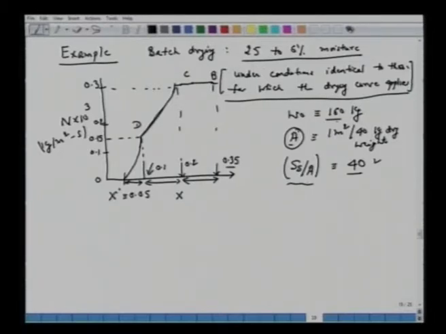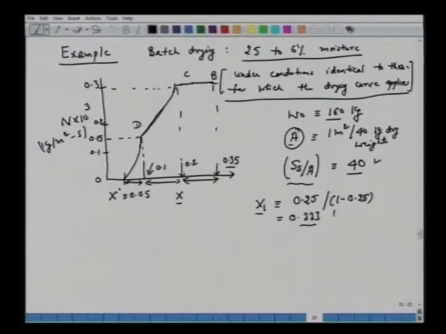Total weight is 160 kg, moisture content is 25%, so the initial moisture content on dry basis, all this is dry basis, right? This is nothing but 0.25 over 1 minus 0.25. We have done dry basis, weight basis earlier in previous lectures. It's always advantageous most of the time to work on this dry basis.